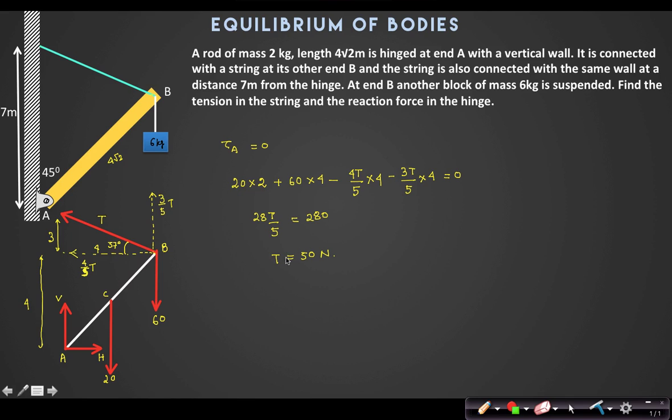Now if tension is 50 Newton, we can balance forces. What is the value of V and H? The horizontal force H is equal to 4T by 5, so it is 40 Newton.